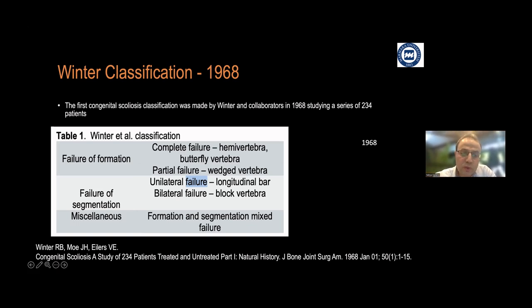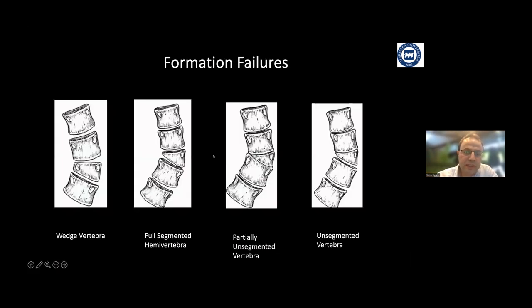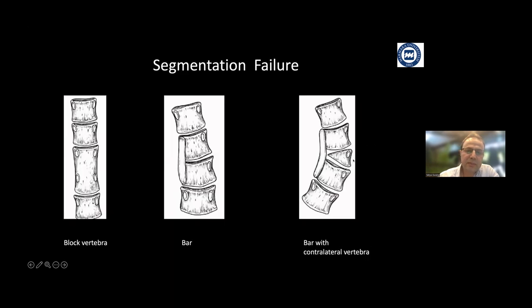Failure of formation: we can see the wedge vertebra, the fully segmented hemivertebra, the partly unsegmented vertebra and the unsegmented vertebra. These are formation failures and segmentation failures. This is a block vertebra, and there is a bar, and there is a bar with a contralateral vertebra.